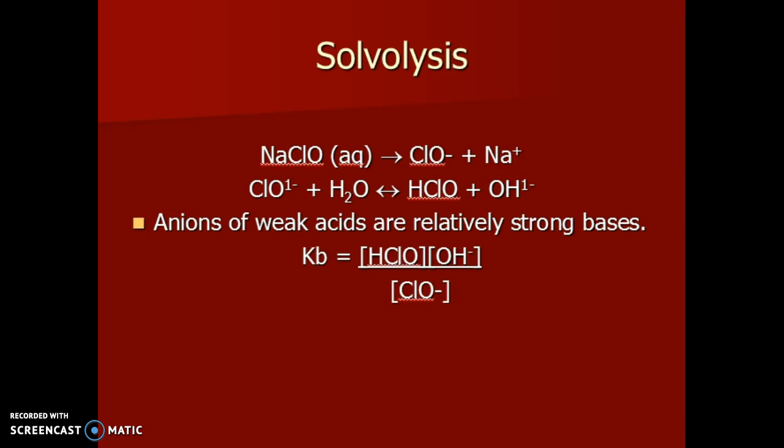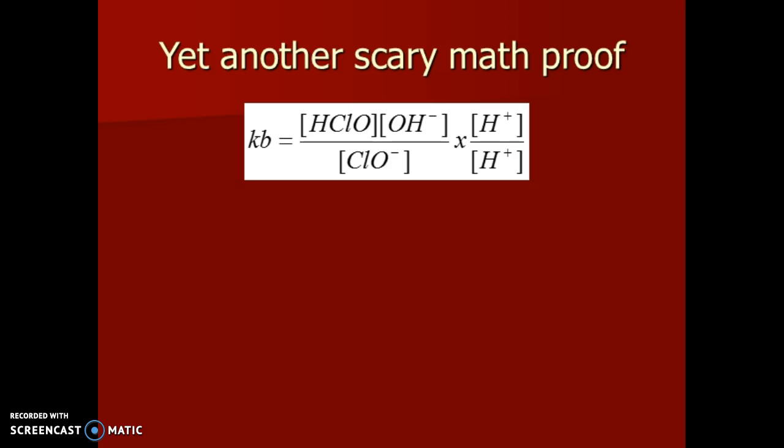We can write an equilibrium constant expression for this, and you can see that that's denoted by the hypochlorous acid times the hydroxide divided by hypochlorite. Now, what's kind of interesting, we take this Kb expression that we just wrote. I just want to show you how this is all related to what we've done before.